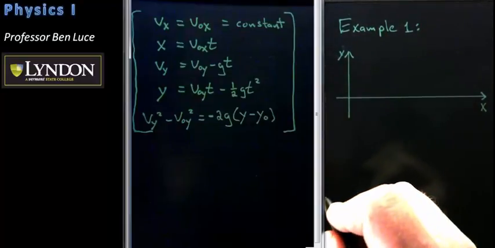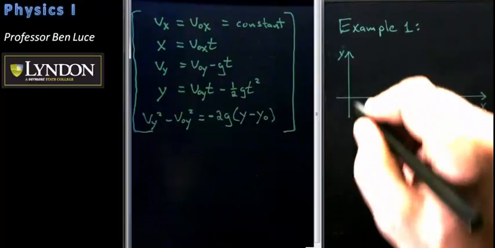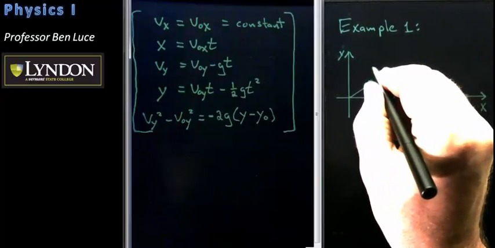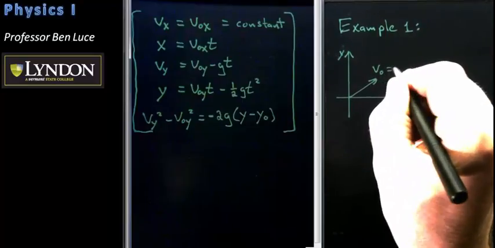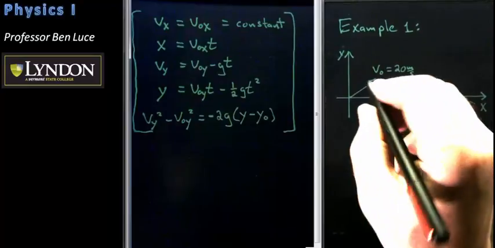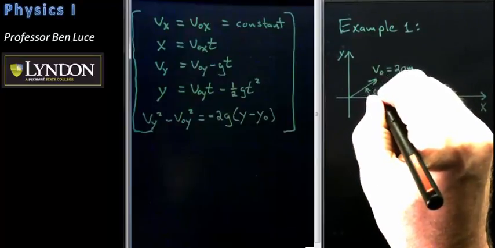And let's consider the case that we first looked at with the simulation. Let's suppose we launch with an initial speed of 20 meters per second at an angle of 30 degrees.